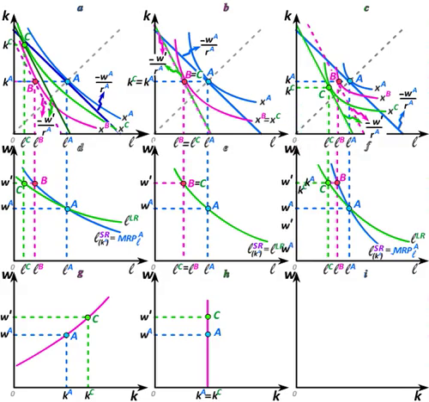In panel C, on the other hand, the level of capital decreases as we move from the initial profit-maximizing production plan A to the final profit-maximizing production plan C after the wage has increased. This then results in a downward sloping cross-price demand curve for capital relative to the wage.